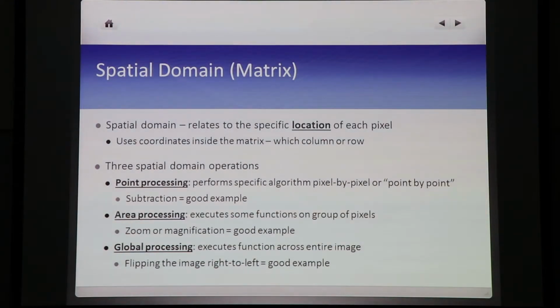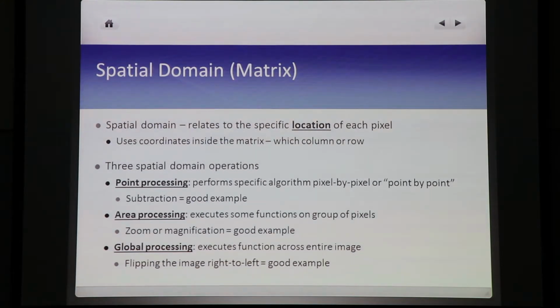It's making a specific change to each individual pixel. When you do subtraction, that's a good example of a point processing operation that happens under the spatial domain. Again, you just need to know when I say point processing, which domain is that happening under.